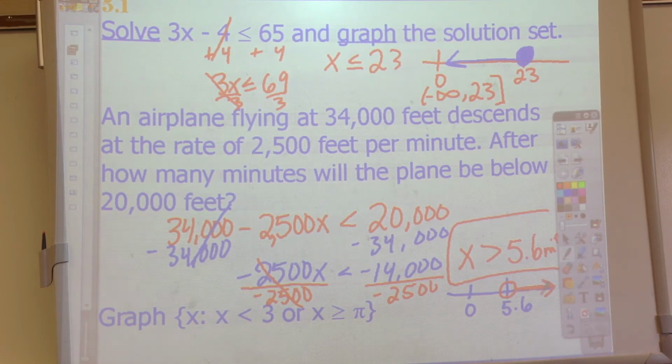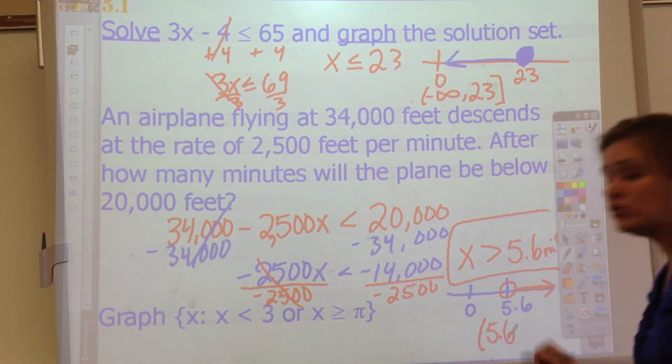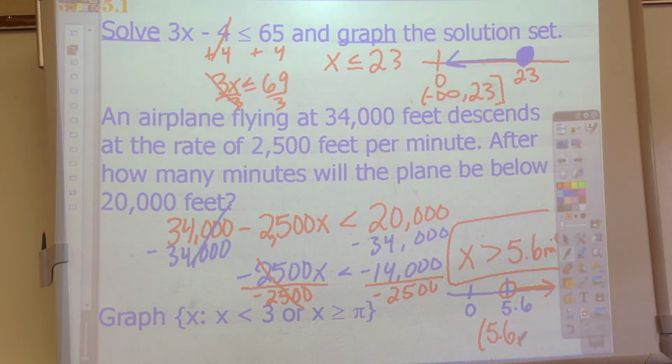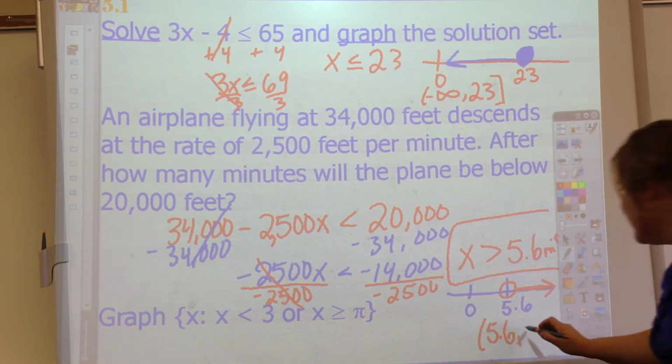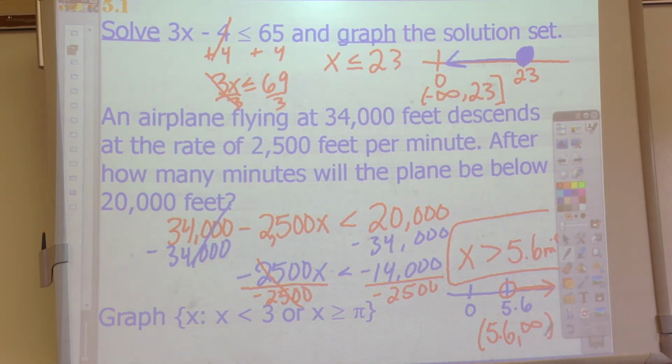Now, if I had written that as an interval notation, my graph begins at 5.6. It's not equal to it, so I use a parenthesis. And it goes all the way out here to a positive infinity. And since we can't equal infinity, notice that the symbol by infinity in an interval is always a parenthesis.